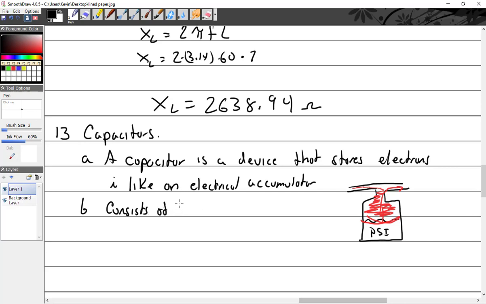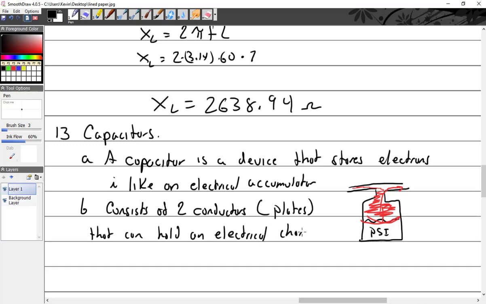A capacitor consists of two conductors, more appropriately called plates, that can hold an electrical charge and are separated by an insulator, also called a dielectric.